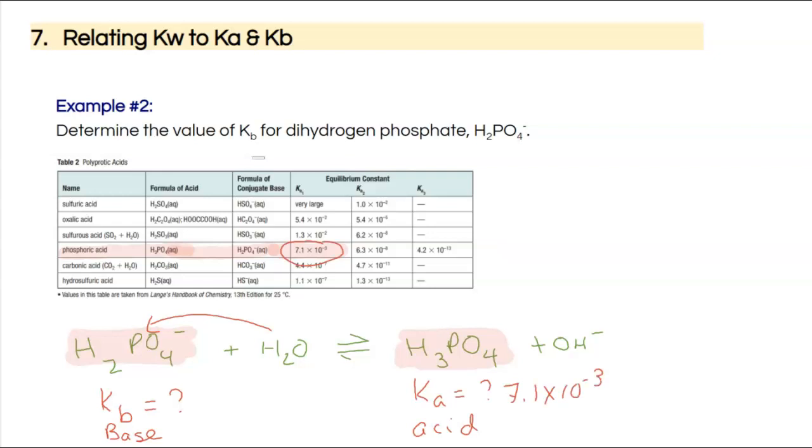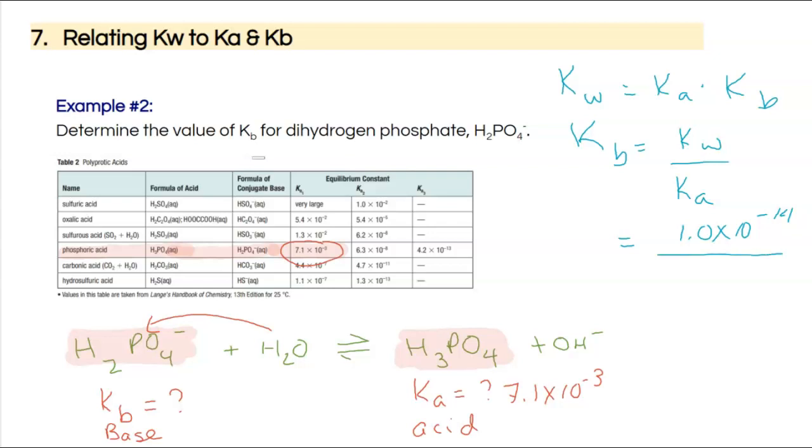So now we're ready to go ahead and do our calculations. Just remembering that Kw is equal to Ka times Kb. And so rearranging that to solve for Kb, that's going to be equal to Kw divided by Ka. And so 1.0 times 10 to the negative 14 is our value for Kw as a constant at 25 degrees Celsius. And interestingly, you'll notice that these Ka values were also collected at 25 degrees Celsius.